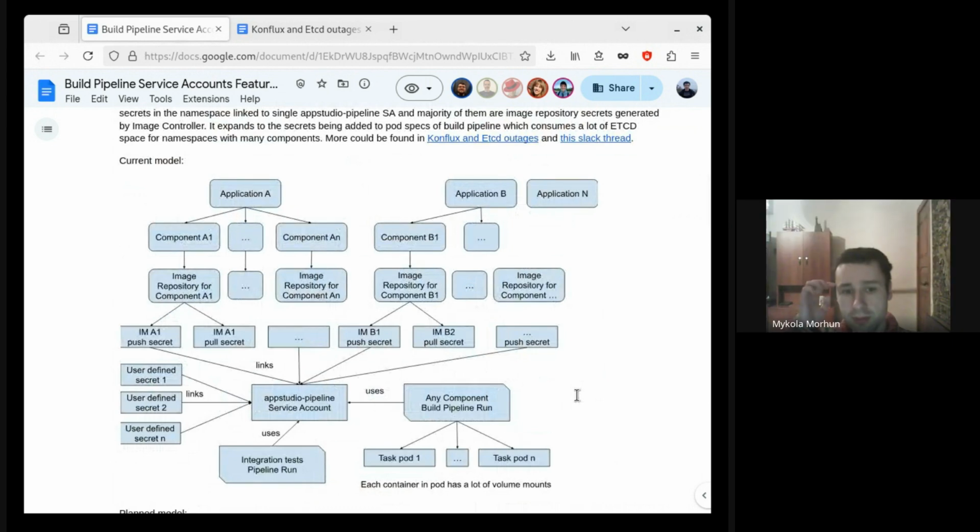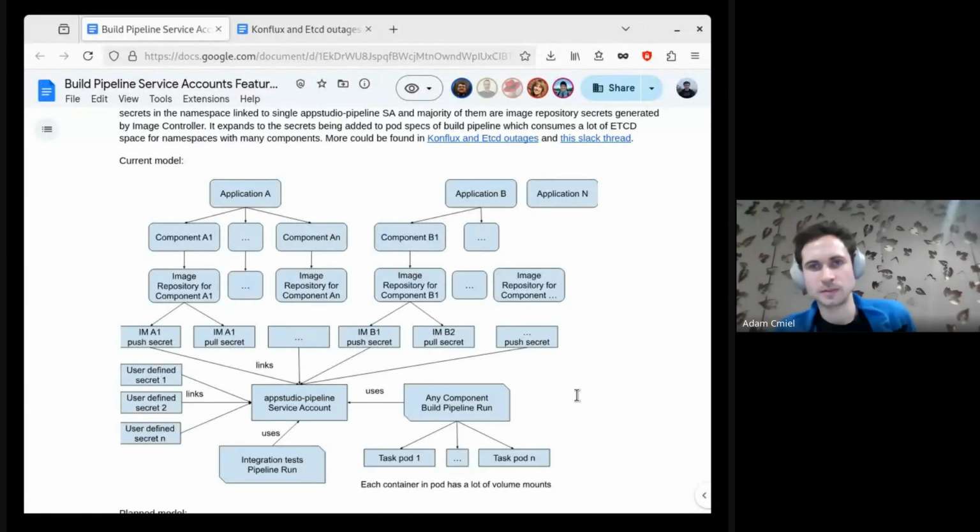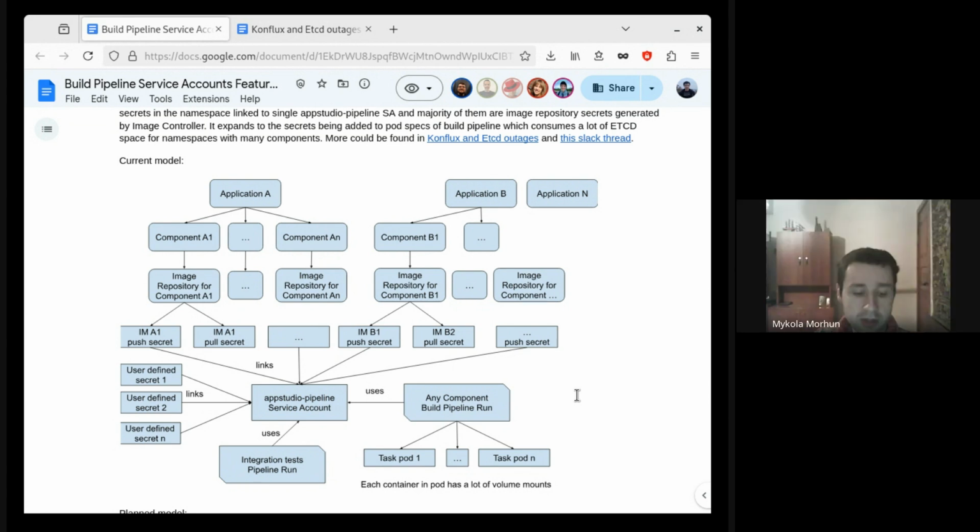Are you asking about potential downsides of that approach? Yeah, you mentioned it would have some upsides, some downsides. So compared to having multiple service accounts, what would be the downsides? Well, I guess management of such secrets, because you would have a lot of records in it.